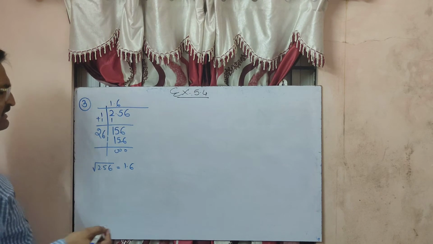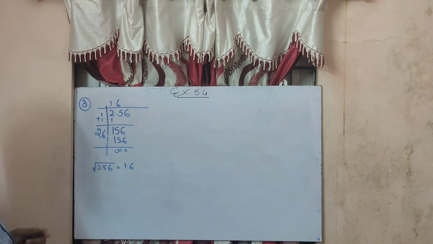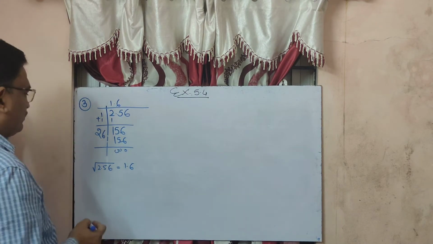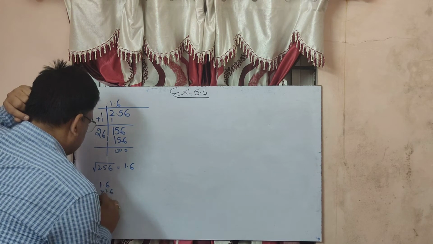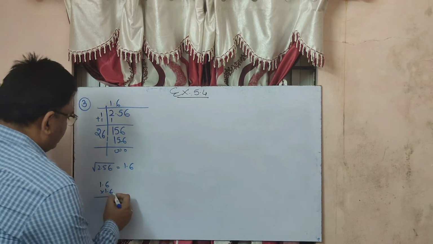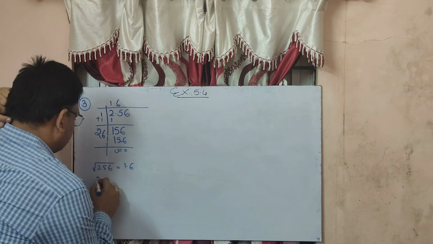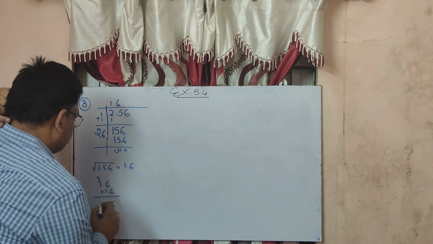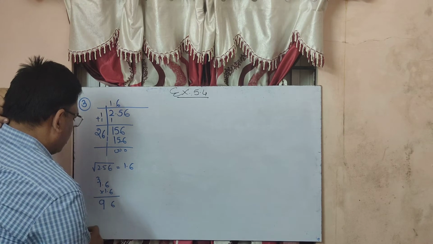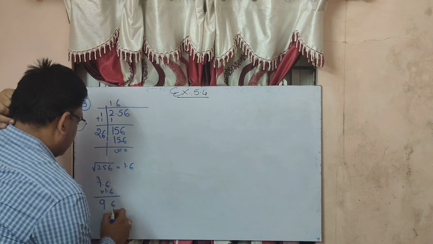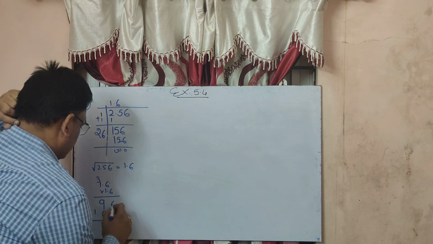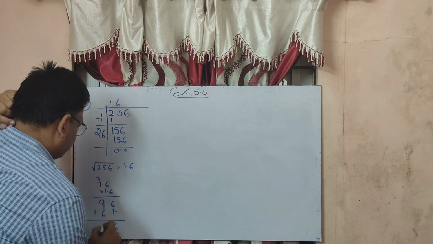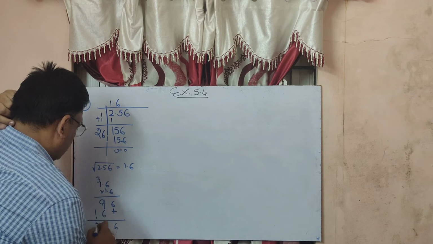If you want to recheck it, whether whatever we have done is right or wrong, what you have to do, multiply 1.6 into 1.6 two times. 6 6s are 36, 3. 6 1s are 6 plus 3, 9. Same thing, 1 6 is 6, 1 1 is 1. 6 as it is, 9 plus 6, 15, 1, 2.